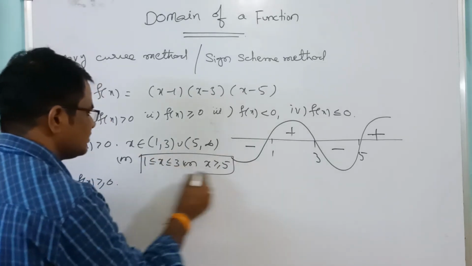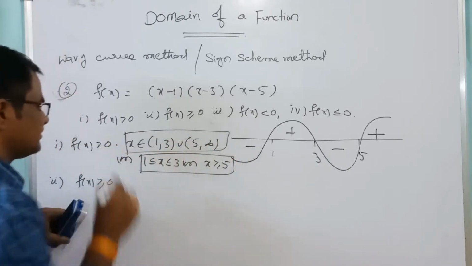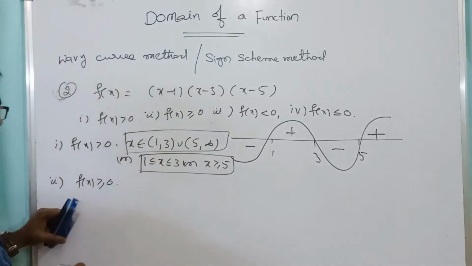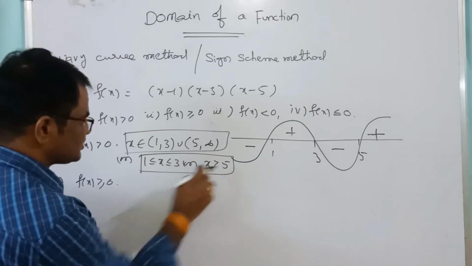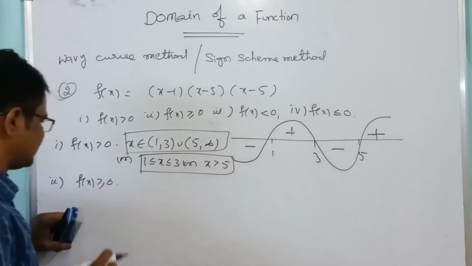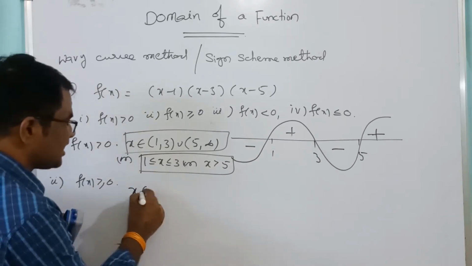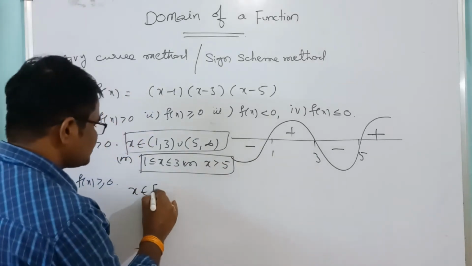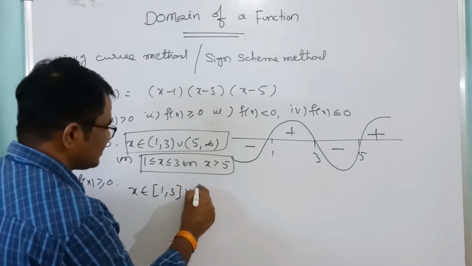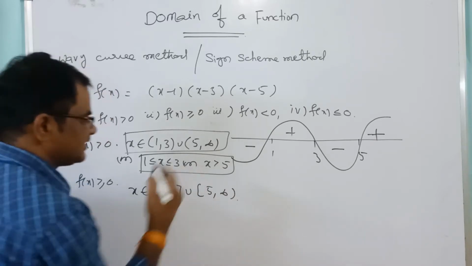Strictly greater than 5 you have to take for the infinity side, and greater than or equal to 0 means closed interval 1 to 3 union closed interval 5 to infinity.